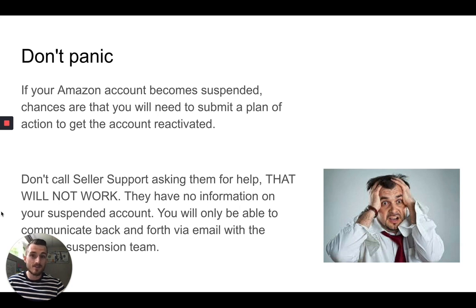It's a specific team and department that deals with suspended accounts. It's not just regular Seller Central that you can call up and ask about an ASIN, right? This is a specific, detailed team dedicated to suspended accounts and reinstating accounts, okay? So just remember, you can only communicate via email.